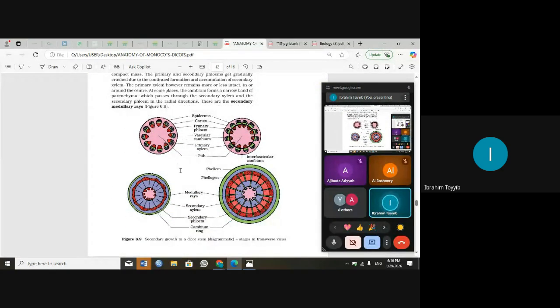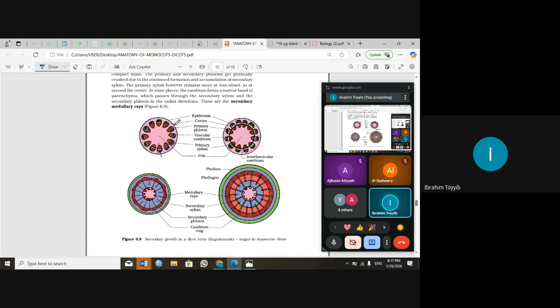So now, look at secondary growth in dicot stem. So here now, you can see that this is the xylem, this is the phloem. In between it is the cambium, the vascular cambium. So this part is the cambium, this part is xylem, this part is the phloem.